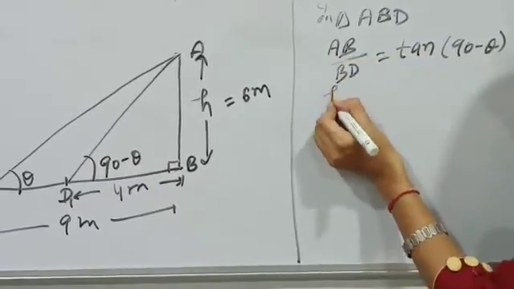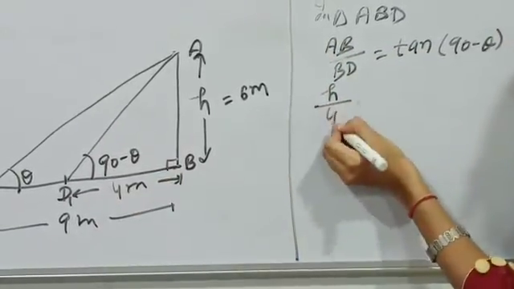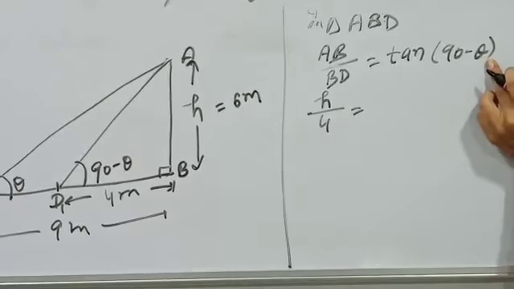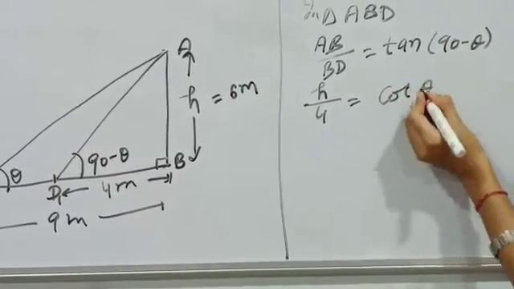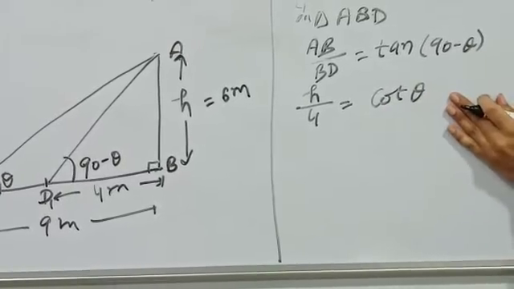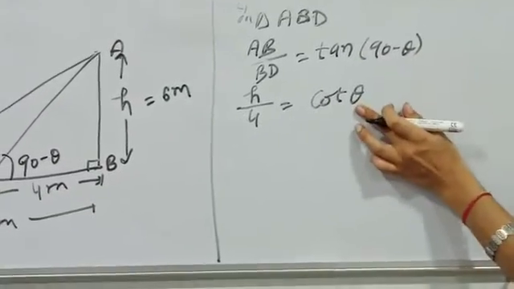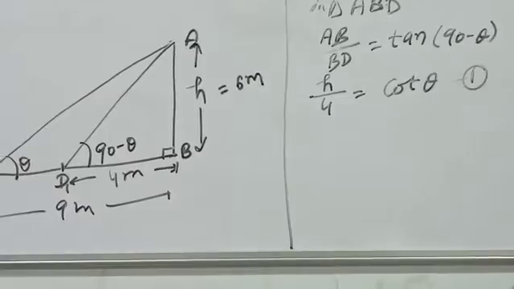So h upon BD, already given as 4, equals tan of 90 minus theta, which is equal to cot theta, right? It is the complementary angle, and tan converts into cot theta. So this makes the first equation.